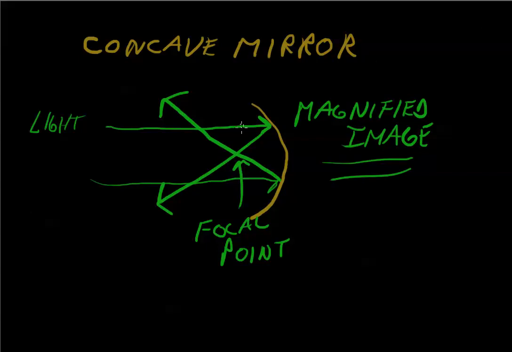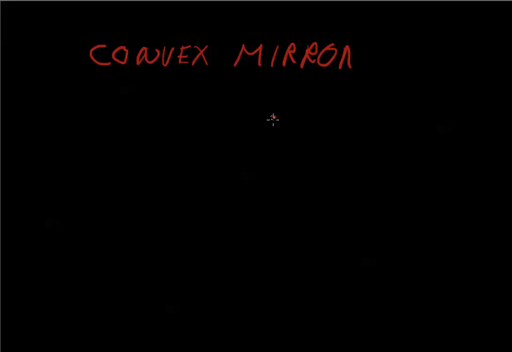And we'll move on to a convex mirror. A convex mirror is like the back of the spoon, if you will.